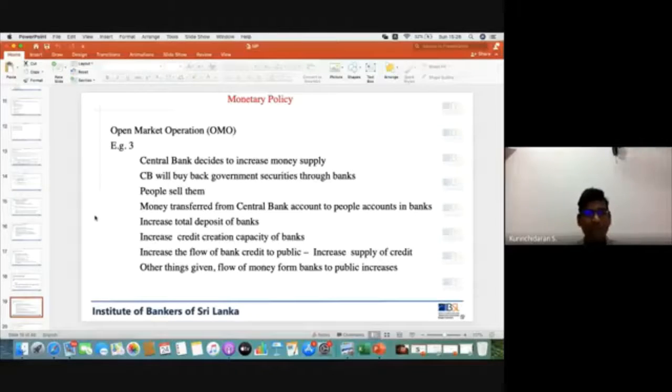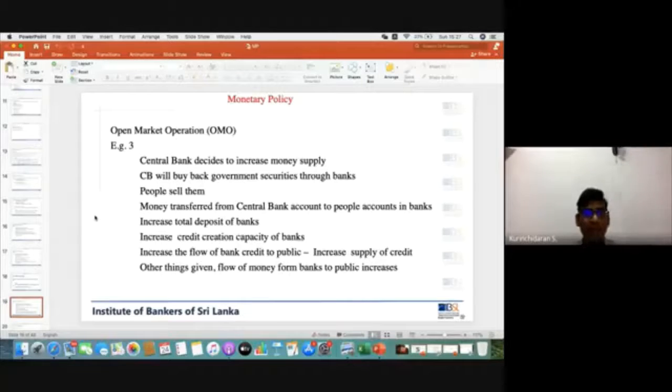But on the other hand, let's assume the central bank decides to increase the money supply. Up to now, we have seen that if the central bank wants to reduce the money supply, then they sell bonds, right? Now in this instance, the central bank decided to increase the money supply. What can they do?